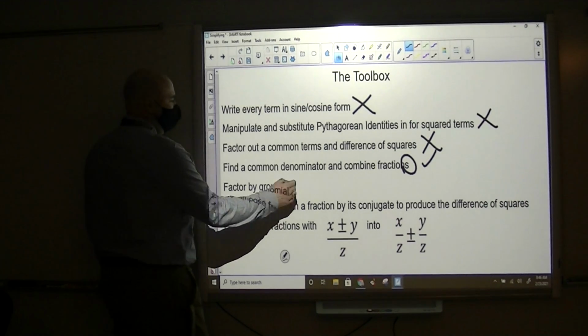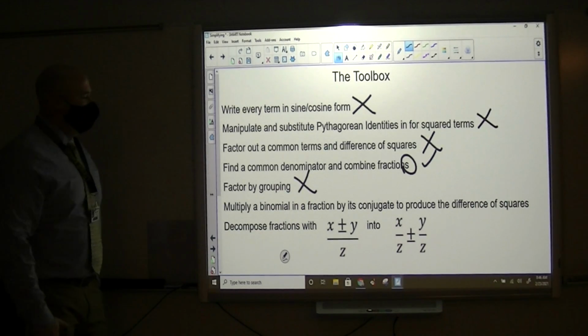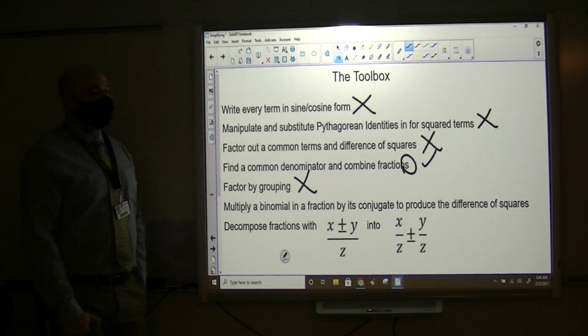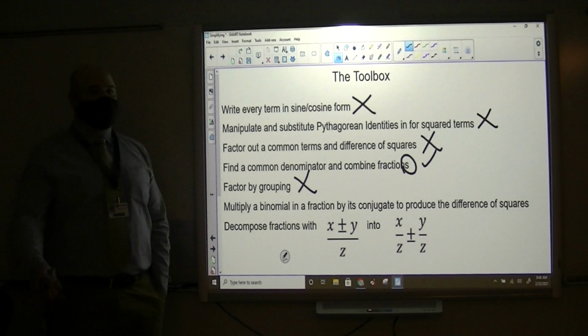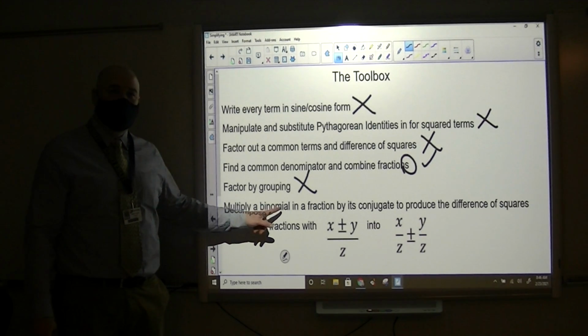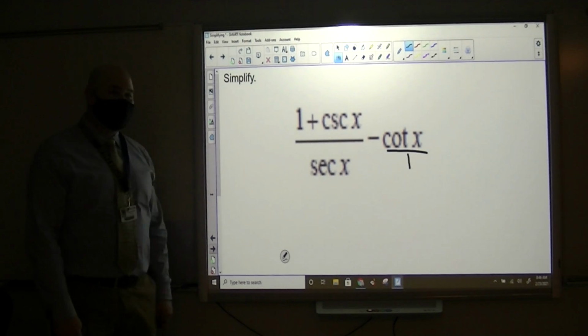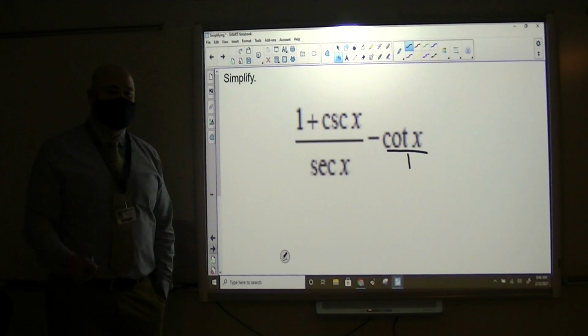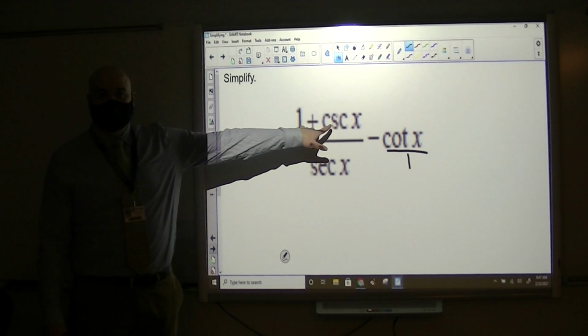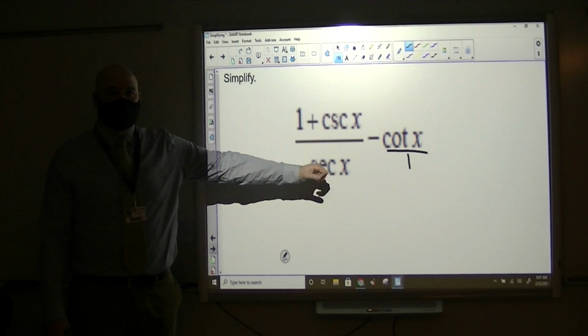What about factoring by grouping? No. What about multiplying a binomial in a fraction by its conjugate to produce the difference of squares? Okay, I've been saying for almost a week now how rare it is that we use this tool, but this is a scenario where I could do that. This is a binomial in a fraction.